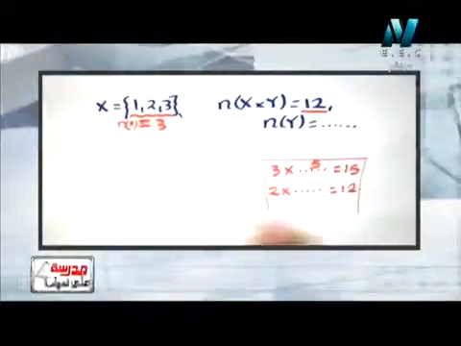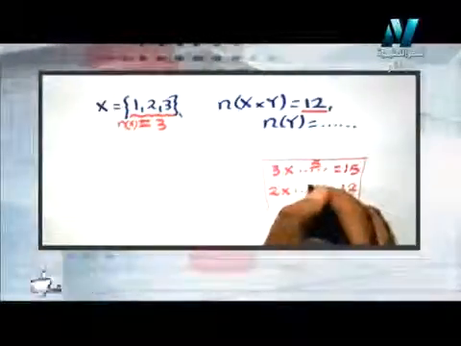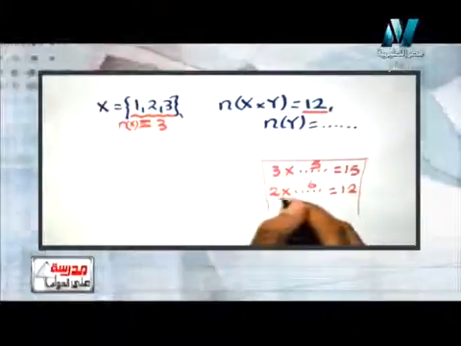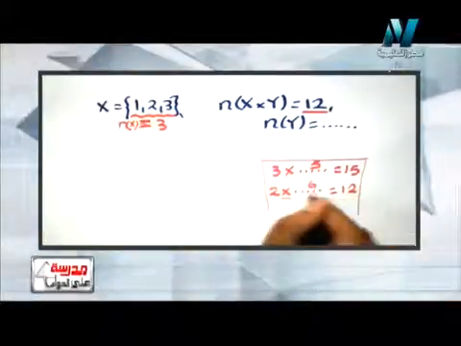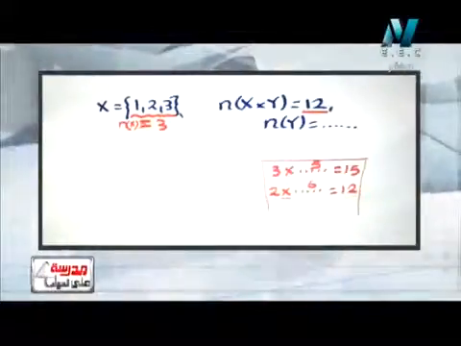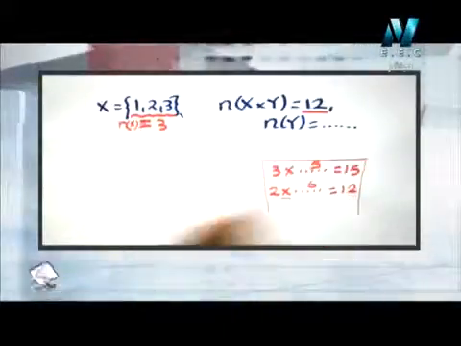I think it will be 12 divided by 2 equals 6. It means we do the opposite operation. Here we have multiplication, and to find the missing number, do the opposite of the multiplication sign, which is division. So we make here 12 divided by 2 equals 6.